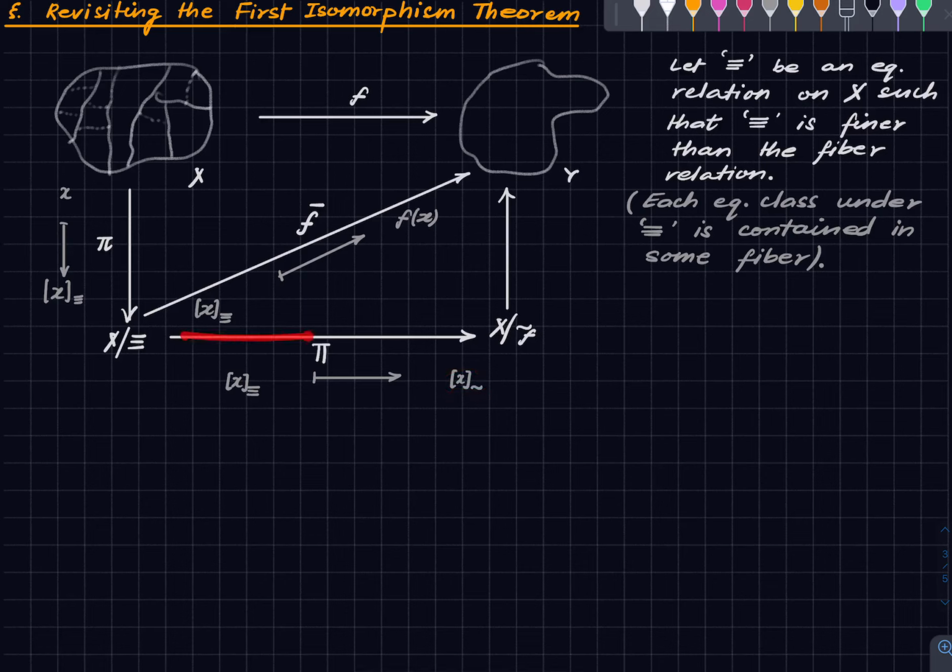So that's the horizontal map pi, and the vertical map just takes an equivalence class, meaning a fiber in this case, to the image of any of its representatives under the map F. So that's what that map is. We may denote it by F double bar or something. So this commutes.